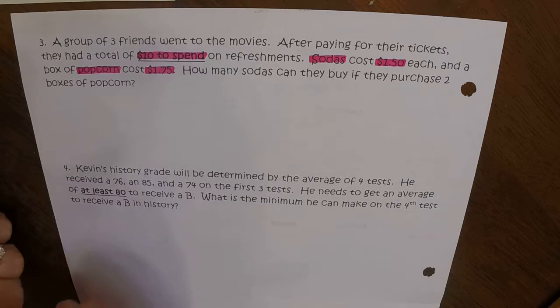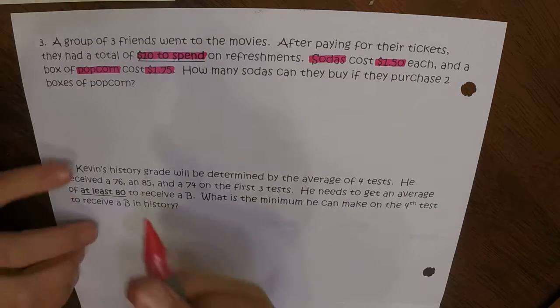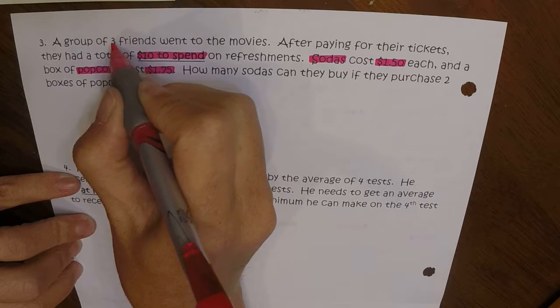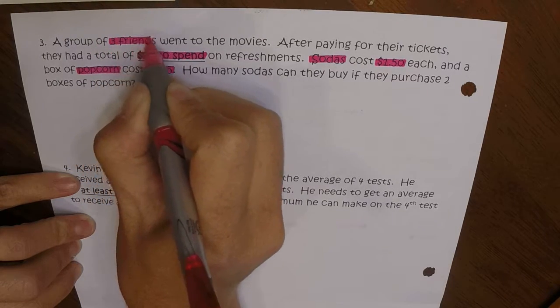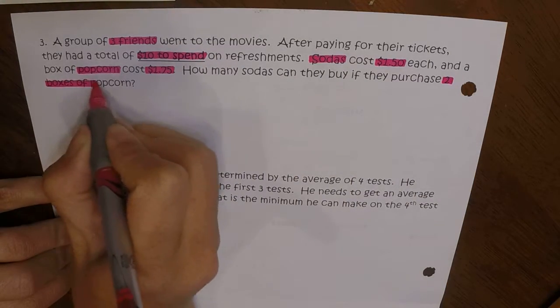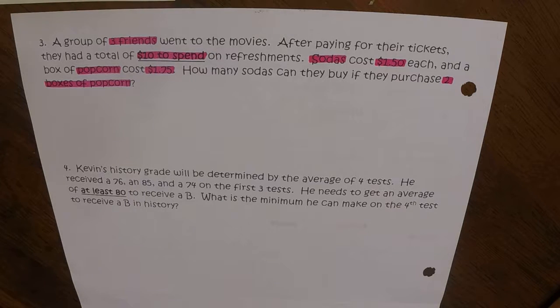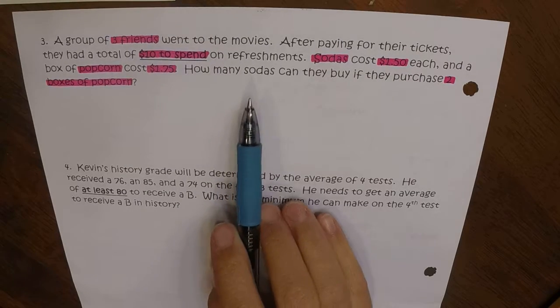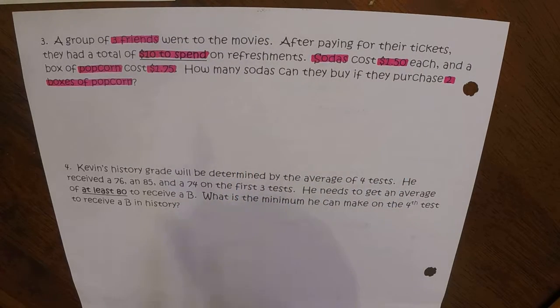And then I do have these words, a group of 3 friends. So the 3 could be important, but we'll look at it. And then we also have down here 2 boxes of popcorn. So we're going to go ahead and kind of highlight everything. And then it says, how many sodas can they buy if they purchase 2 boxes of popcorn?